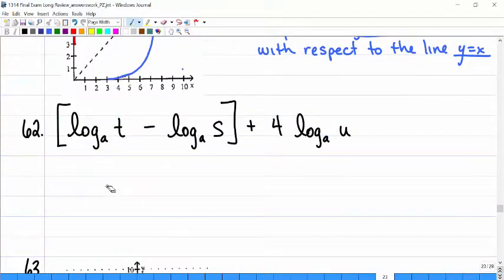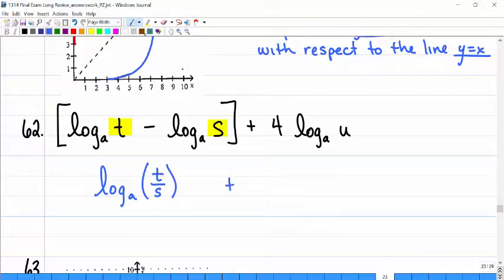Number 62 says to write the expression as a single logarithm with a coefficient of 1. So first thing I need to do is combine and get rid of this minus and write this as 1 log base a. How do I combine? I'm going to do t divided by s. So I have log base a of t divided by s. I still have plus.